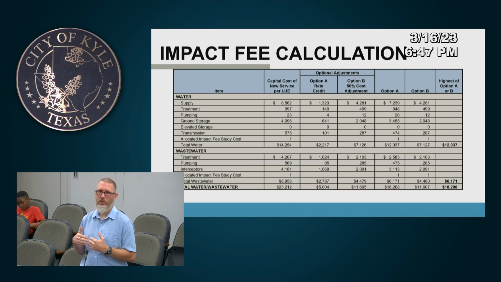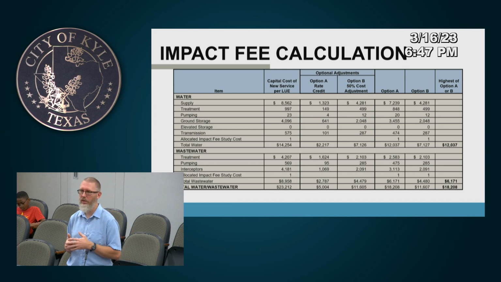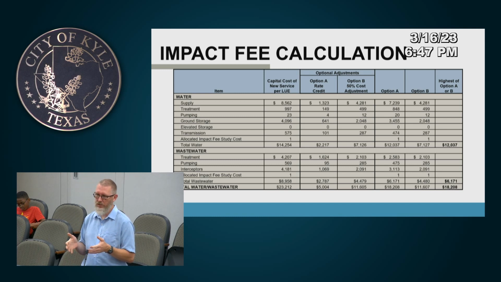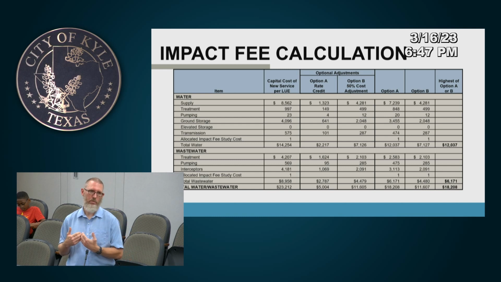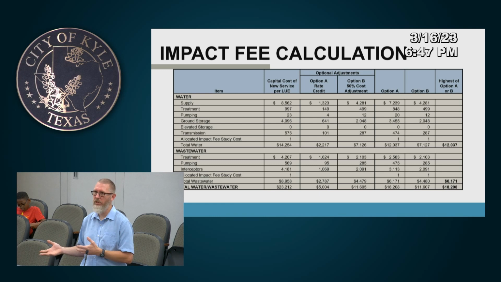We always want to be fair and equitable, and anytime we're charging customers something, whether it's a water or wastewater rate or an impact fee. This arises to make sure that we're not double charging those customers, that they're not paying for those assets through the impact fee and then also paying for the full cost of those assets through their utility rates.